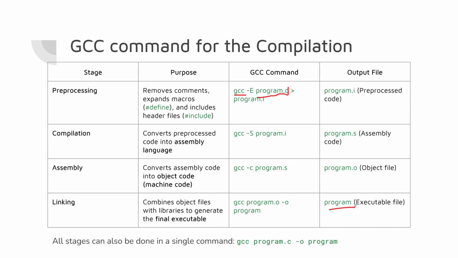These are the commands used to convert step by step: .c into .i, then .i into .s, into .o, into the executable file. Instead of doing it step by step, by using a single command I can directly convert my .c file into an exe file. Even though I use a single command, behind it all the 4 stages will happen.